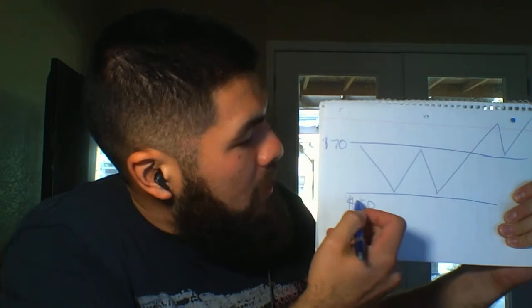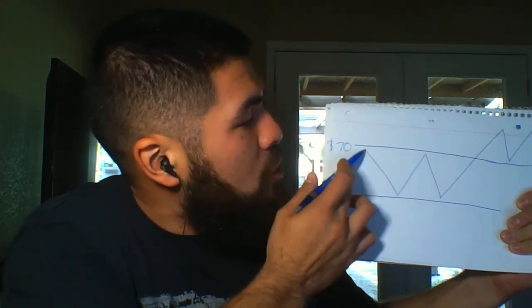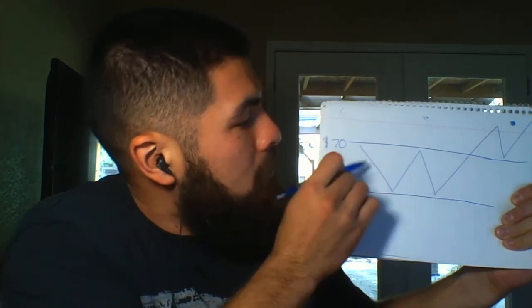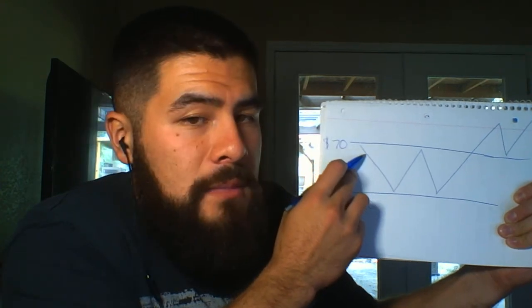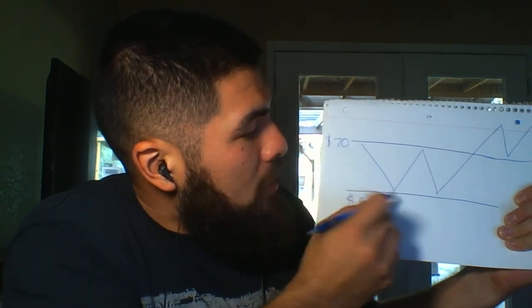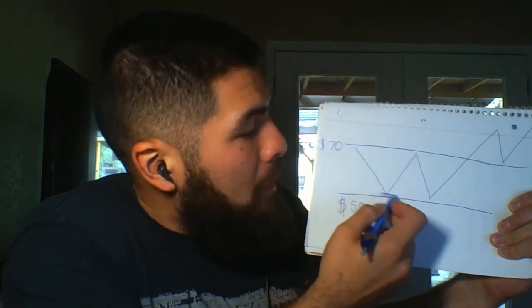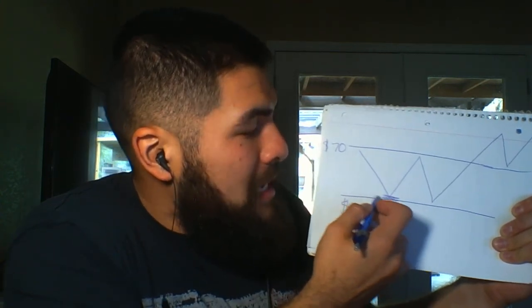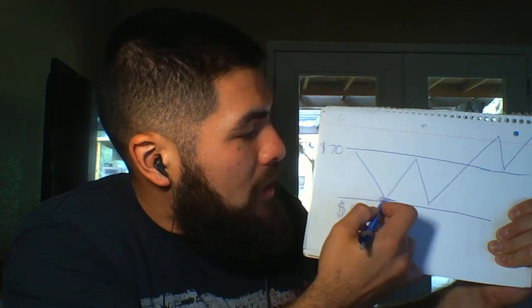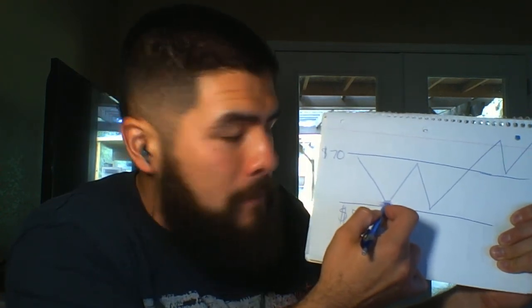So you have a stock here. Let's say the support is at $50 and it's trading between 70 and 50. Let's say it's moving down, and here is where buyers will step in because buyers know that this is the support line and they're going to buy the stock near the support.